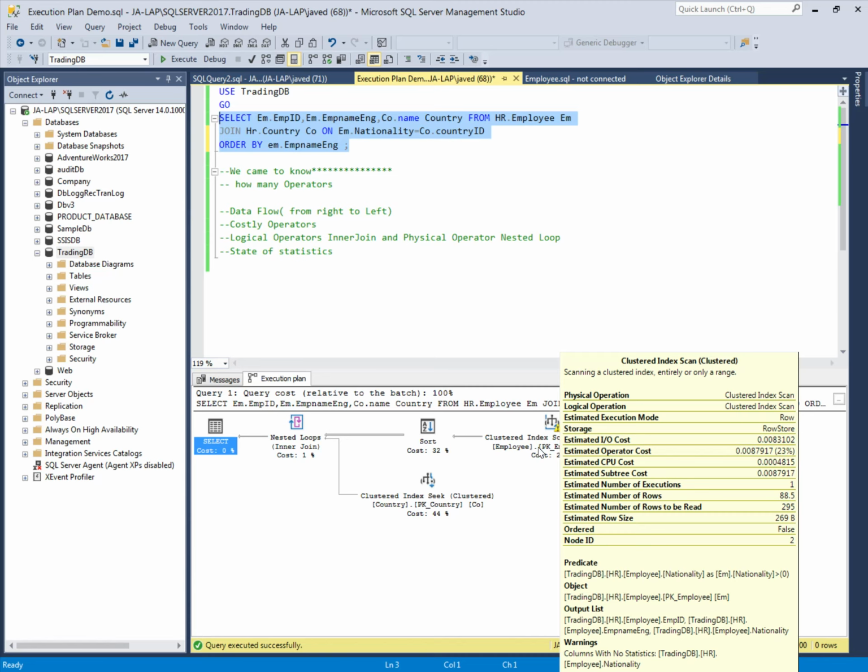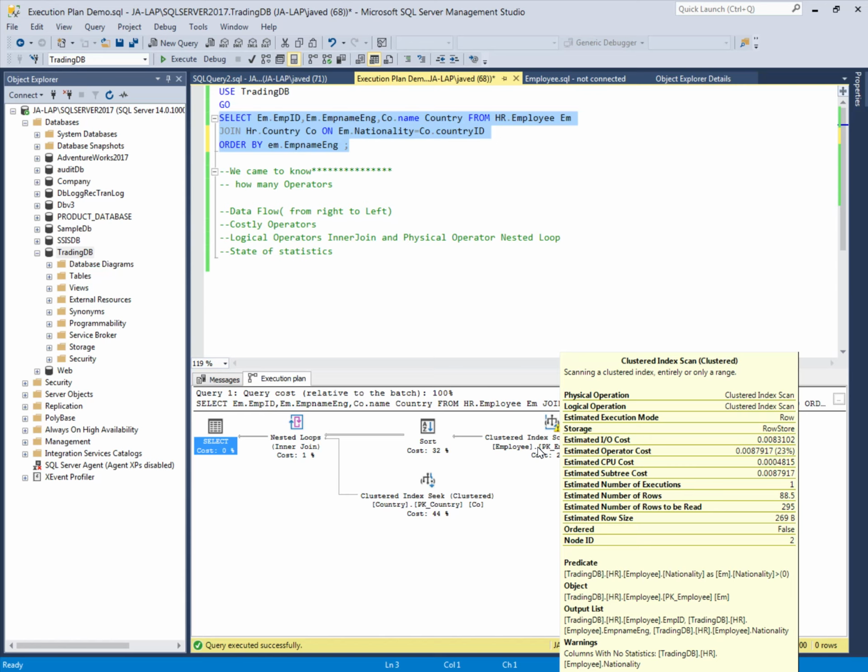The inner join is the logical operator. To implement the inner join, SQL Server will use nested loops or merge join. These nested loops, which will be used to implement the conceptual logic of the inner join, are known as the physical operator.